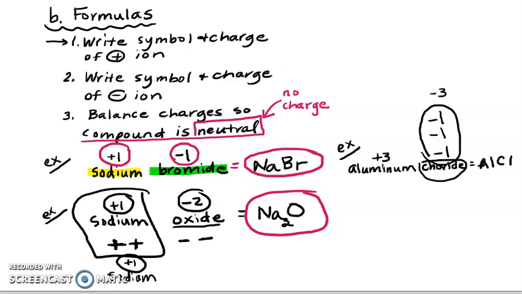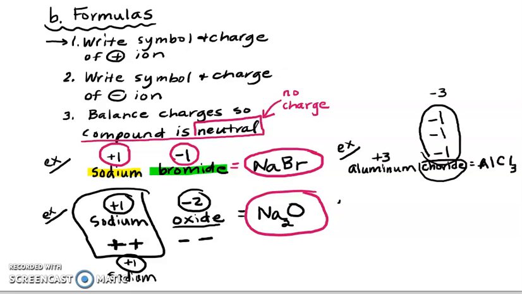So I need 3 chloride, and I show that with a 3. Now, one thing you guys might have noticed is that I don't write 1s in the formulas. Do you see in my first example, sodium bromide, I have 1 sodium, 1 bromide. In my second example, I have 2 sodiums, 1 oxide, but I didn't write the 1. We don't write 1s in formulas.